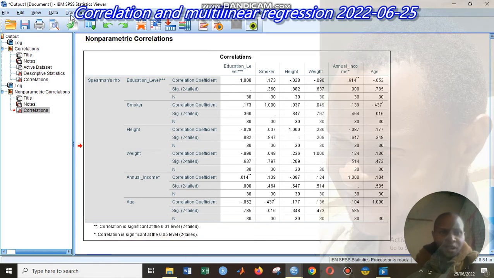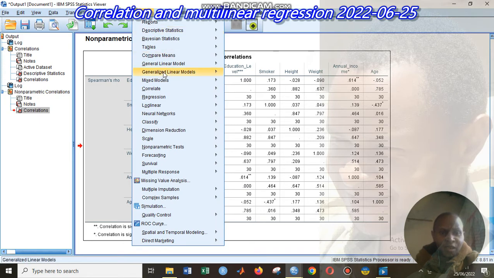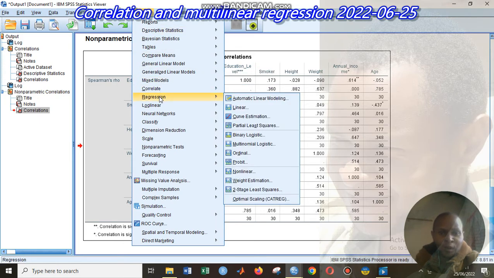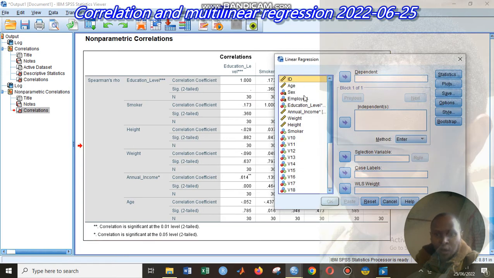So now let's perform the analysis for multiple linear regression. It's not logistic, it is multiple linear regression. Our dependent variable here is smoker.